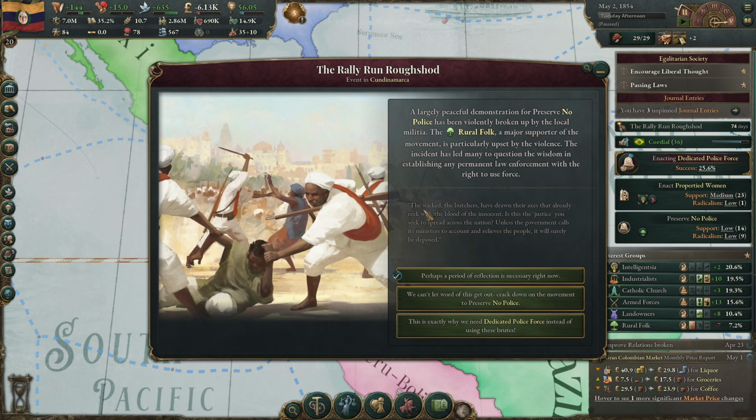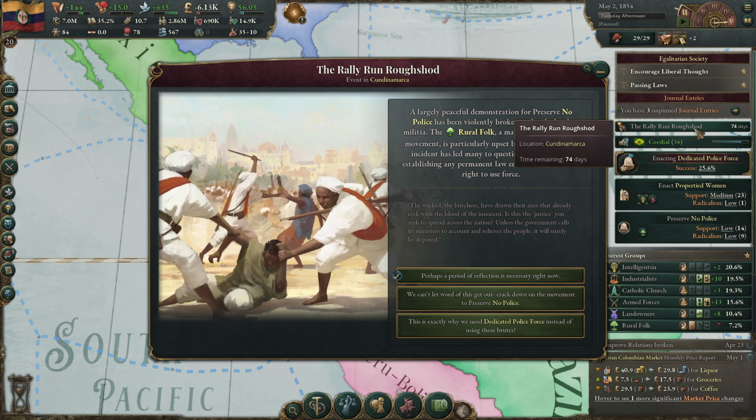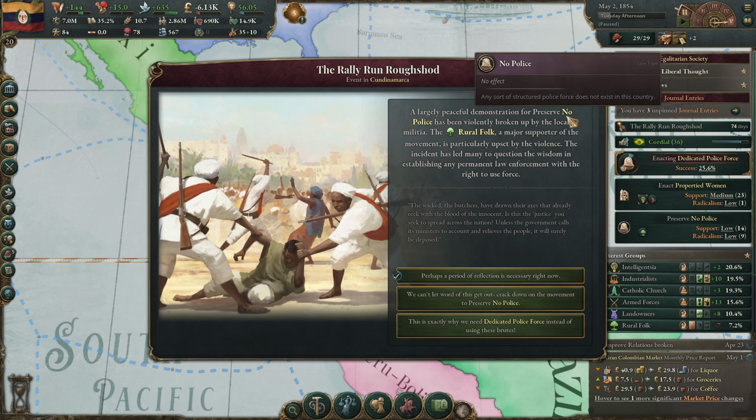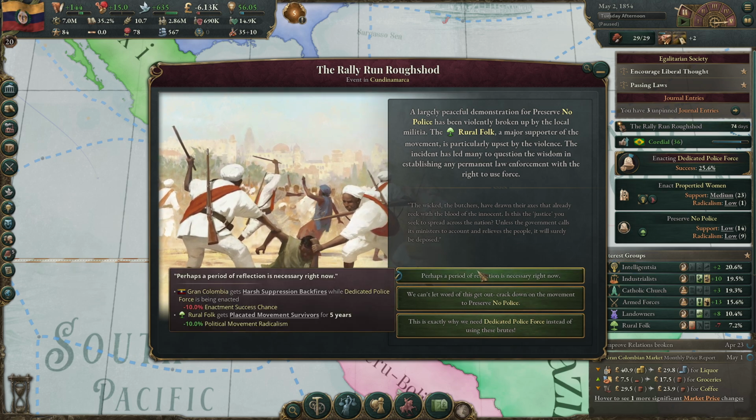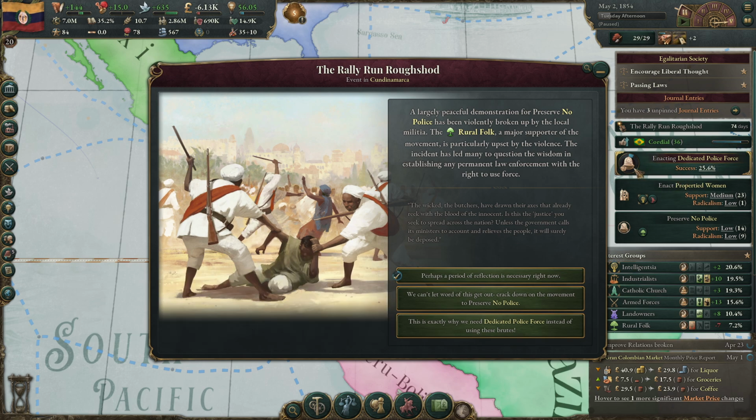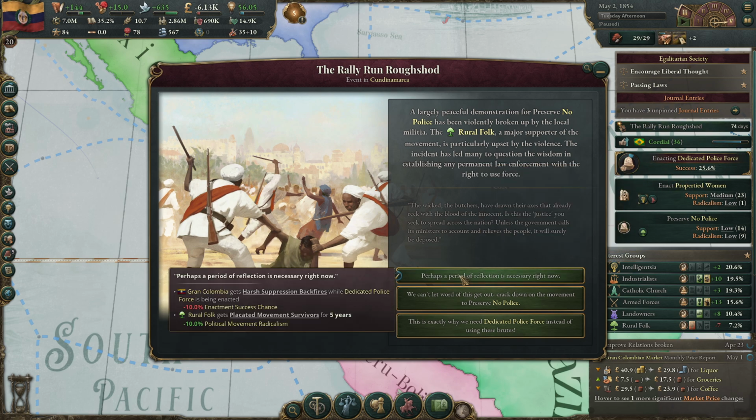The rally run roughs hot. Oh my god. Suppression backfires. Oh, this is the thing here.